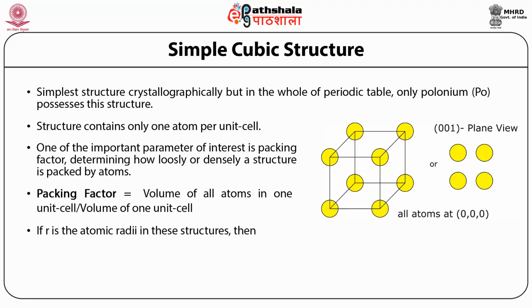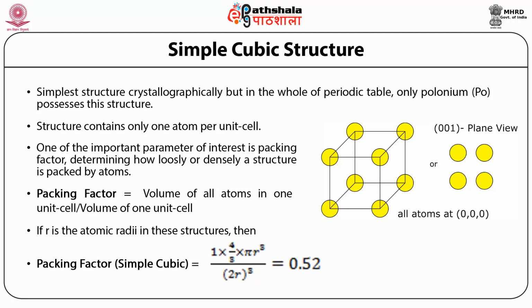If r is the atomic radius, then the packing factor for simple cubic structure is the volume of all atoms in one unit cell, that is 1 into 4 by 3 pi r cube, divided by the volume of one unit cell, that is (2r) whole cube, which comes out to be 0.52.